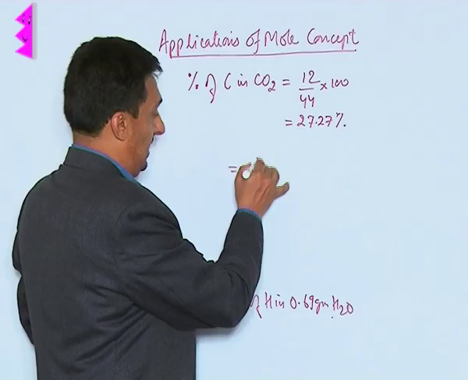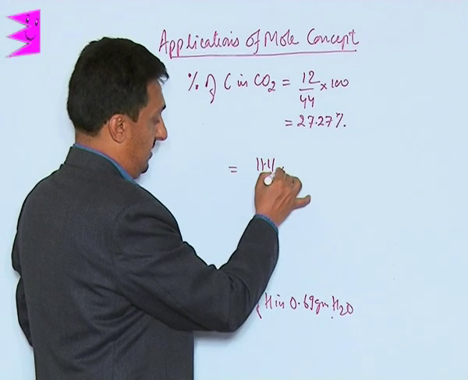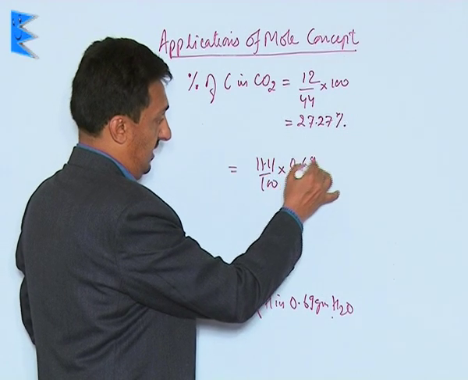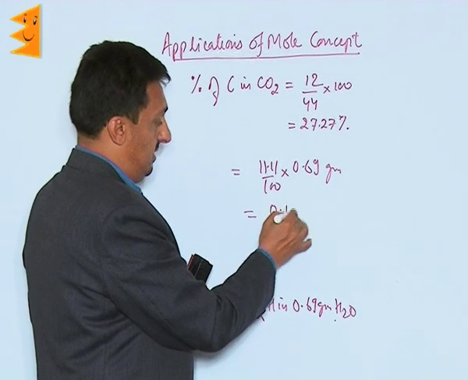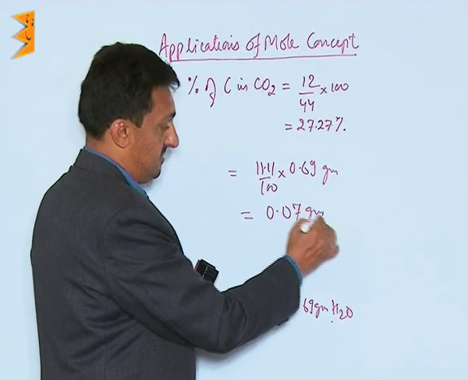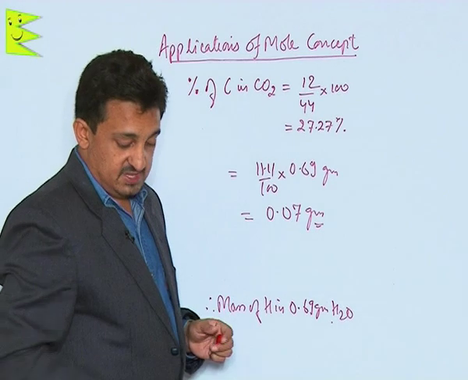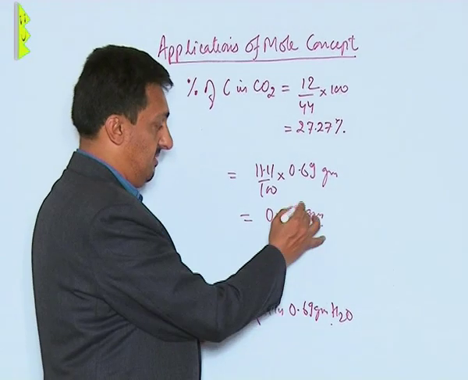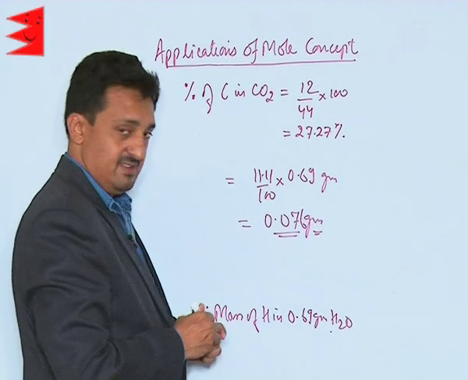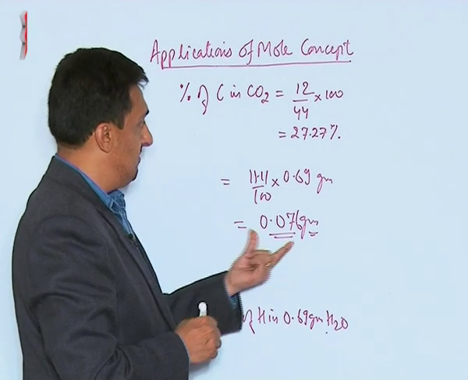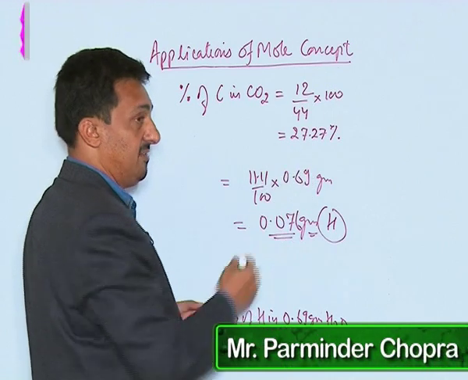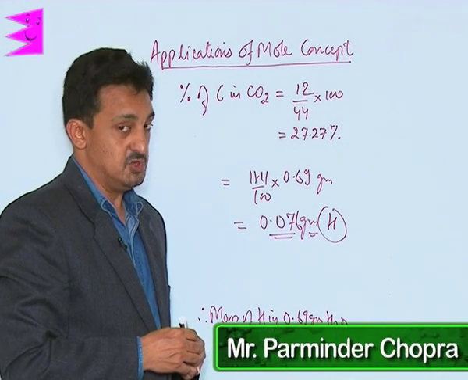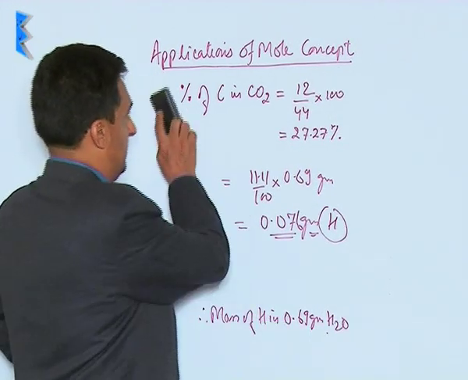It will be 11.11% of 0.69 grams. So this comes out to be approximately 0.076 grams. So this much is the mass of hydrogen, and we have known that mass of carbon was coming out to be 0.912 grams.